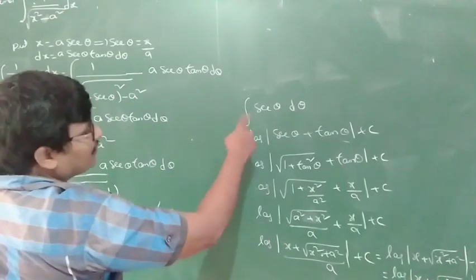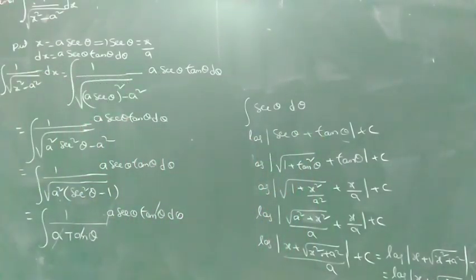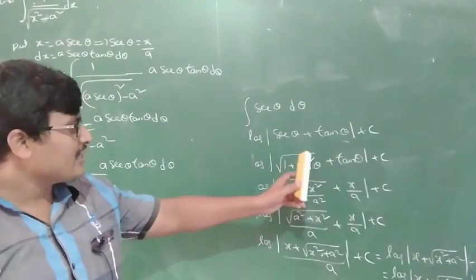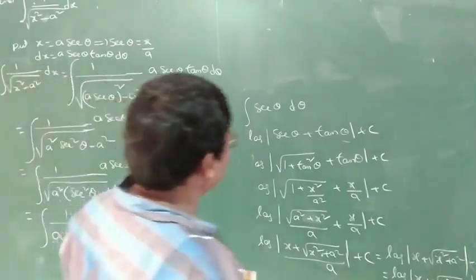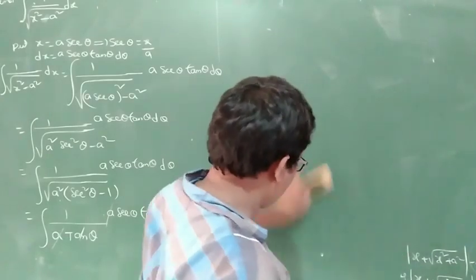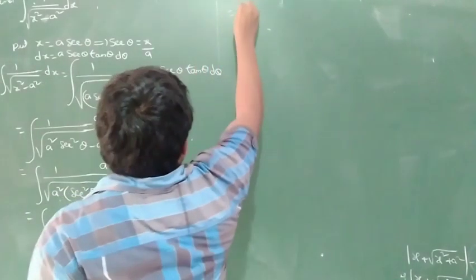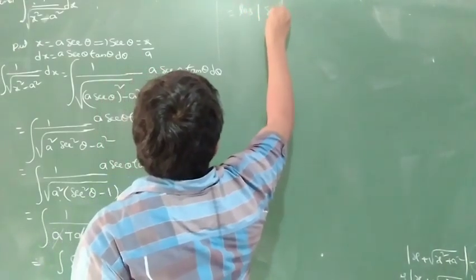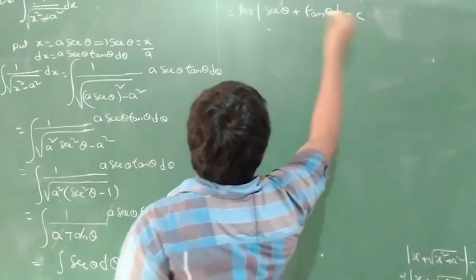By the formula, the integral of secant theta d theta is equal to log mod secant theta plus tan theta plus c. Here secant theta is x by a, but what is tan theta?